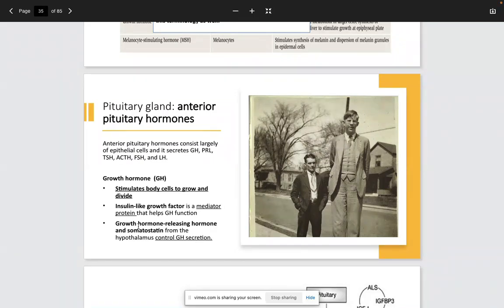And that comes from growth hormone releasing hormone. It makes sense, right? Its name tells you what it does. Growth hormone releasing hormone from the hypothalamus causes growth hormone secretion within the pituitary. Growth hormone then goes to its target destination, which we've said within our table is pretty much every cell, and causes them to grow and divide.